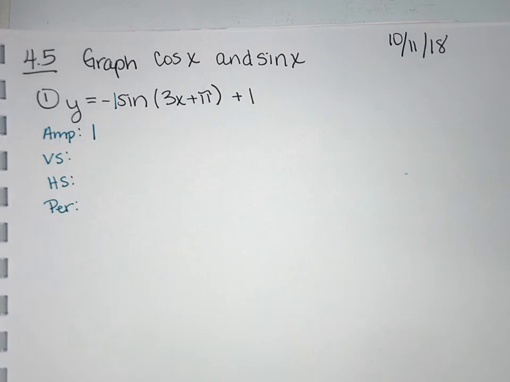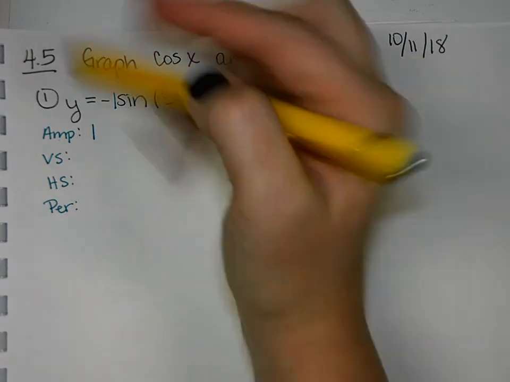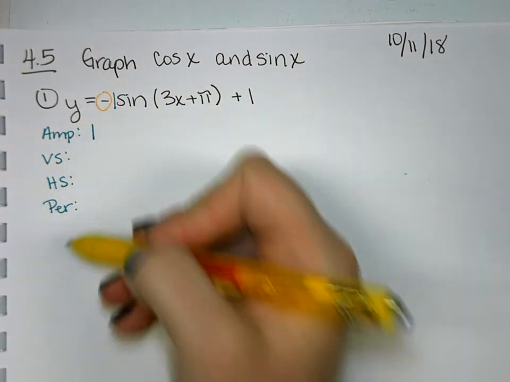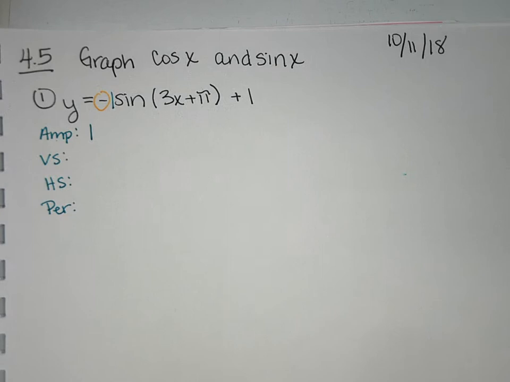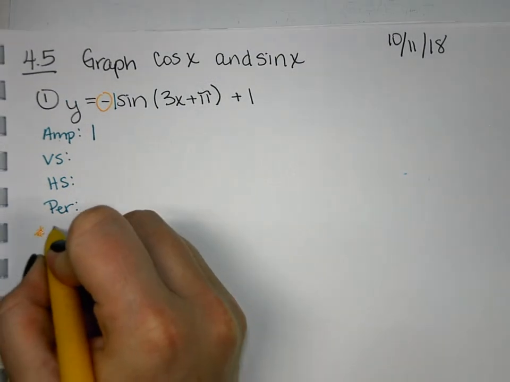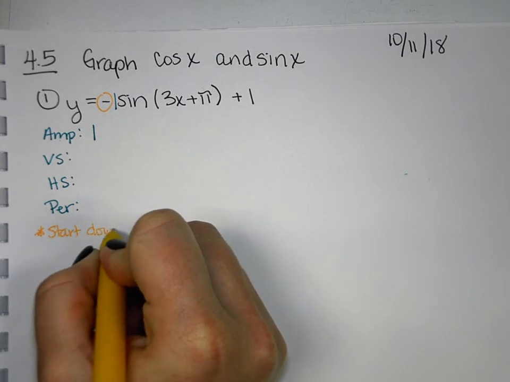So that means from whatever my vertical shift is, I'm going to count up 1 and down 1 for my highest and lowest points. Now this negative isn't one of our terms here, but what it does tell us, and if you want to write this at the bottom, is you're going to start down instead of up.